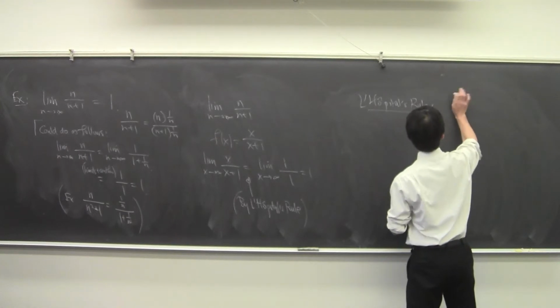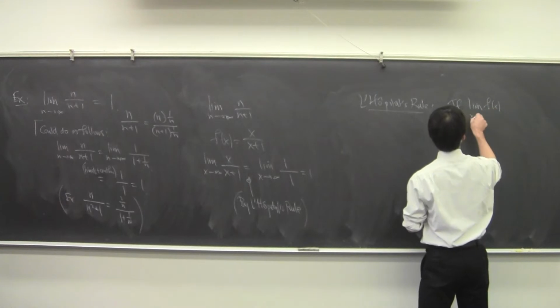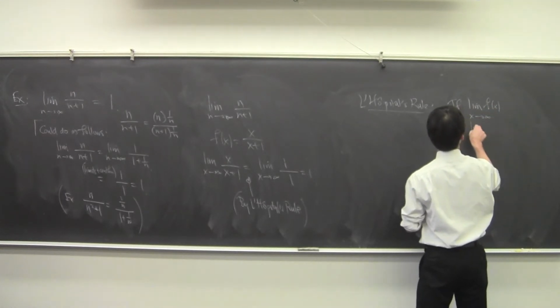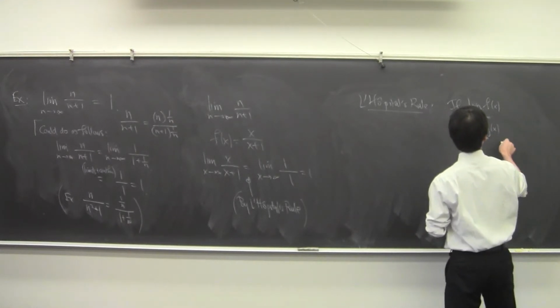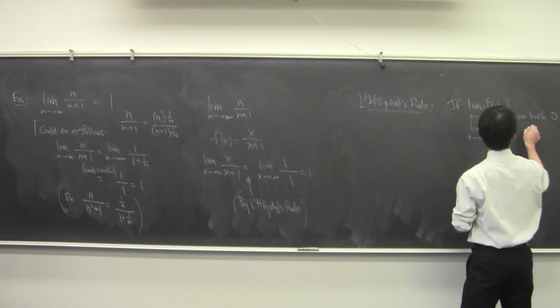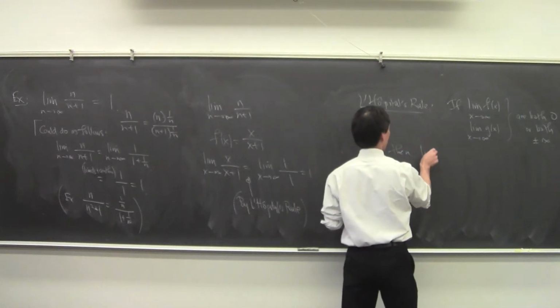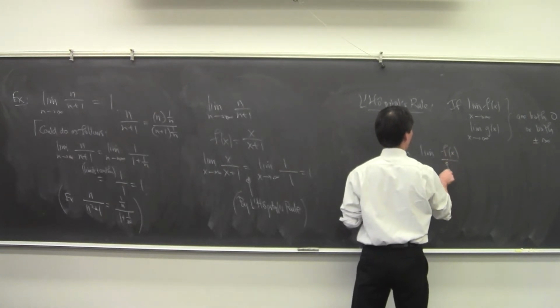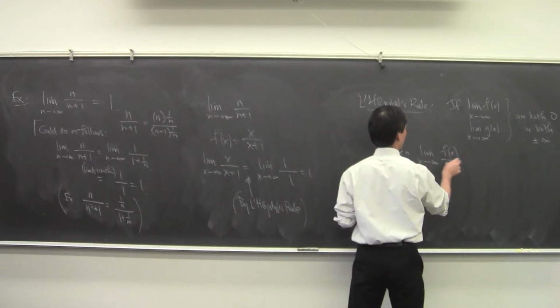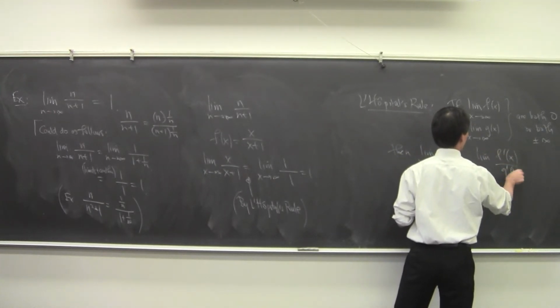If the limit of f of x as x goes to infinity, and the limit of g of x as x goes to infinity are both 0 or both plus or minus infinity, then the limit of f of x over g of x turns out to be the limit of f prime x over g prime x.